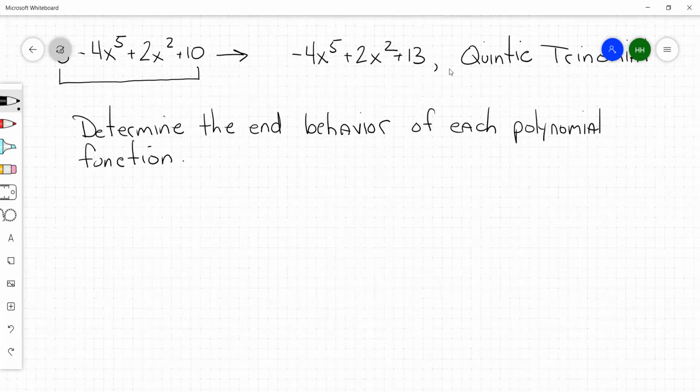We're going to do another table right here. We're going to say A positive and A negative.